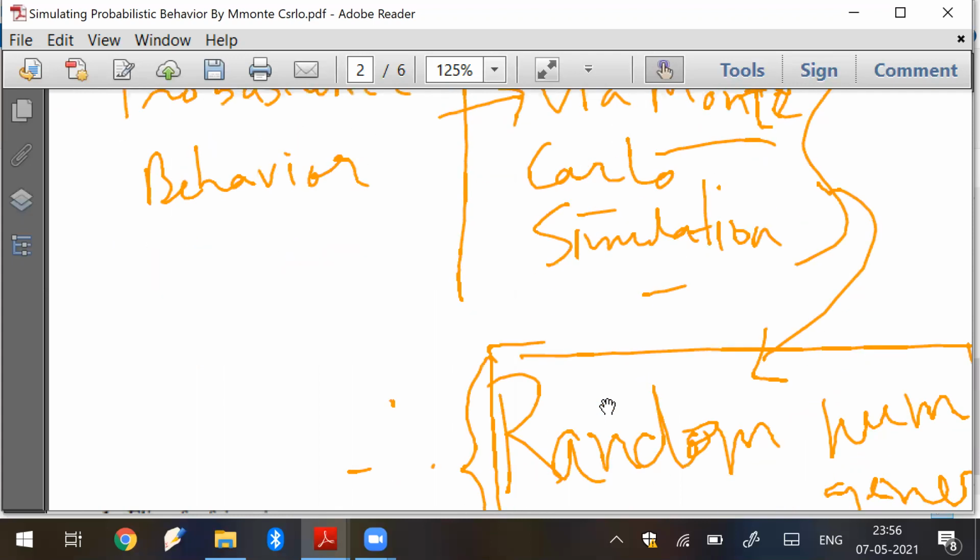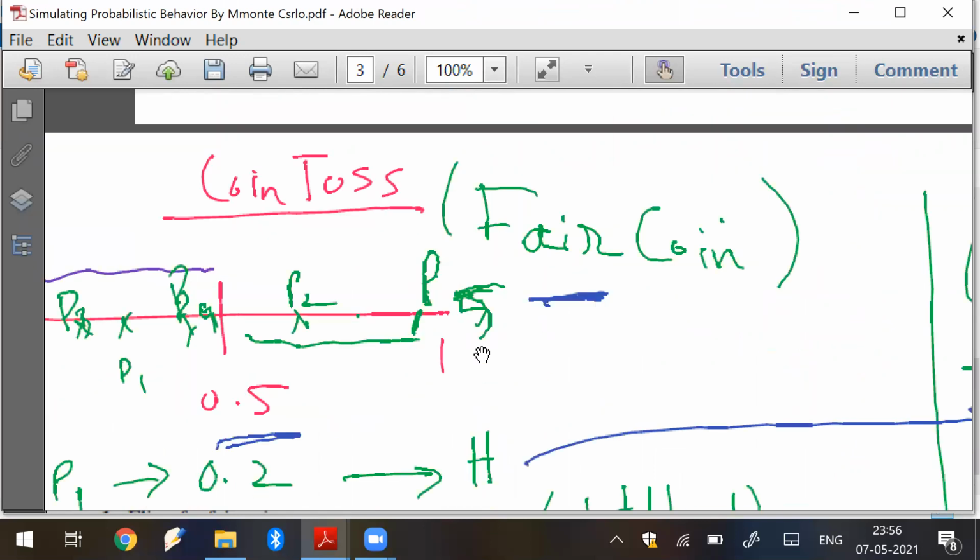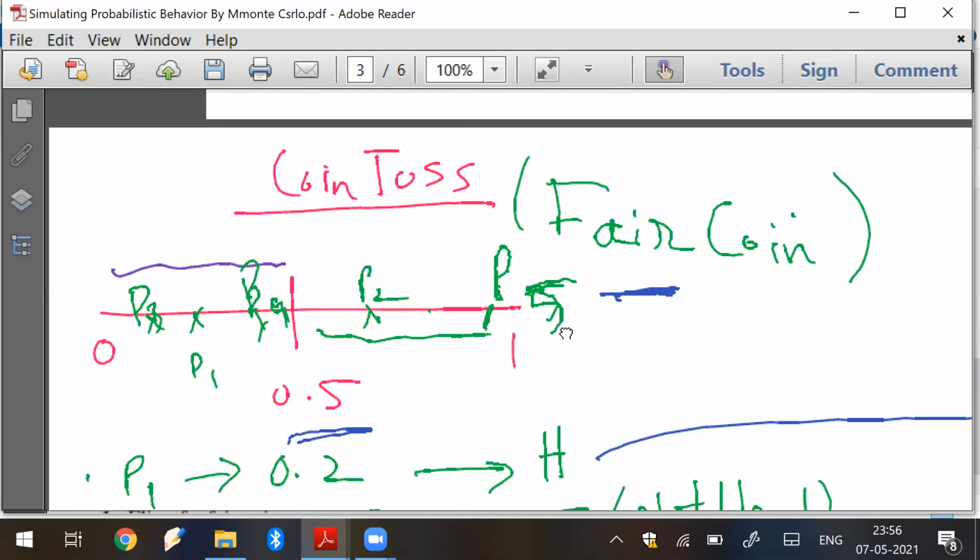Before I go into the formal idea expressed in the lecture material, I am just giving a rough idea of what we are trying to do. Let us consider the coin toss experiment, a fair coin only. So suppose we consider the interval 0 to 1.